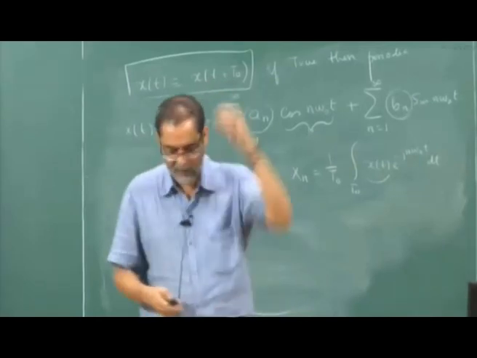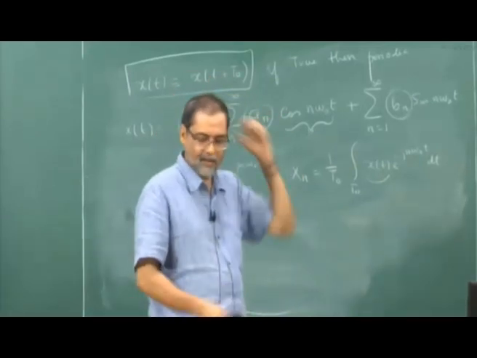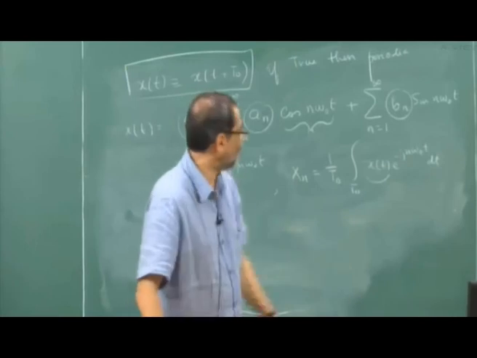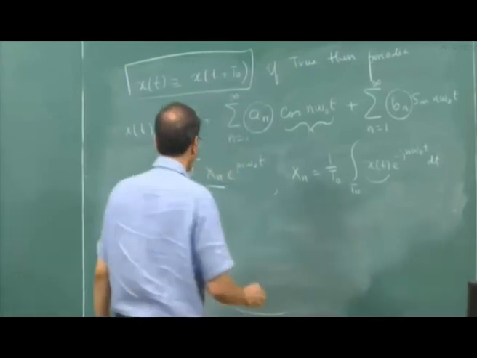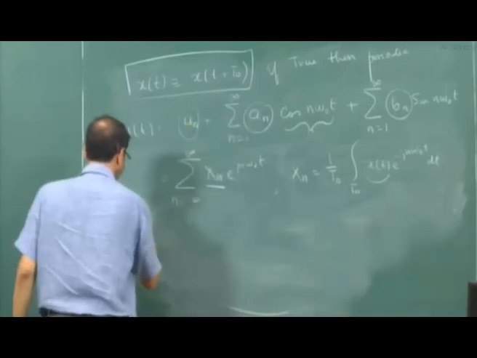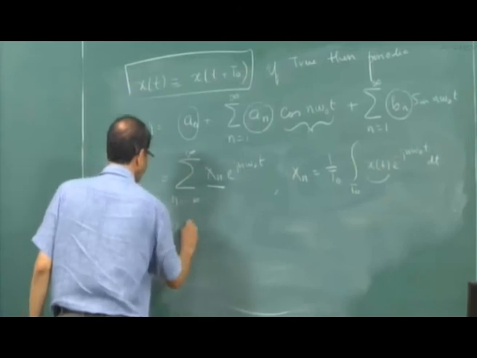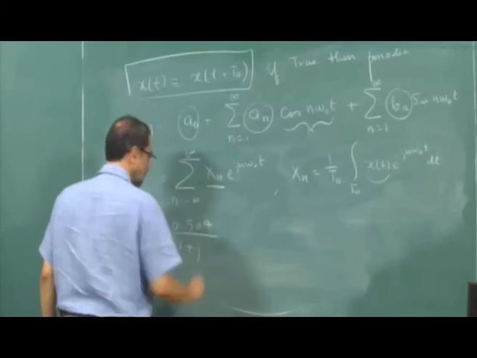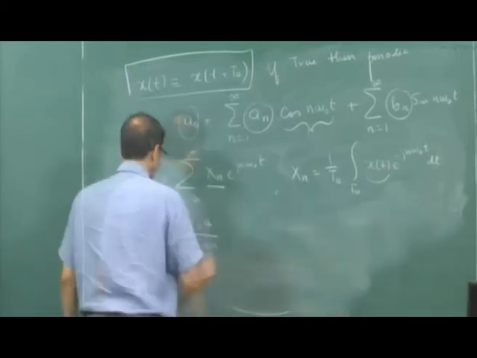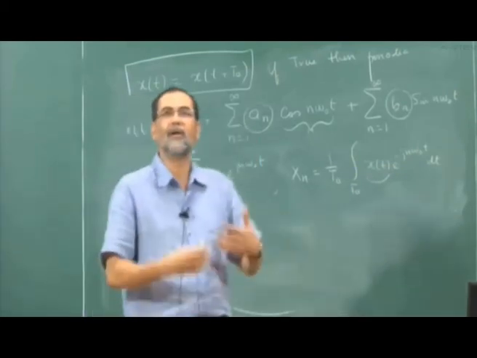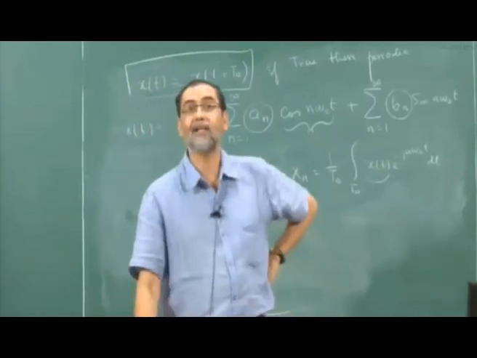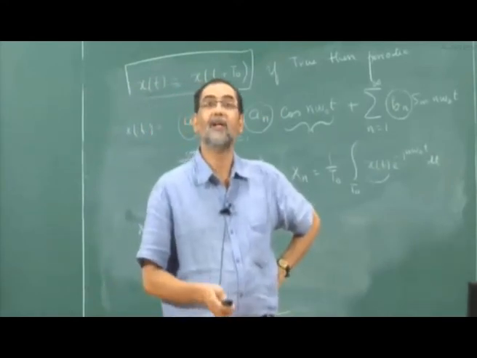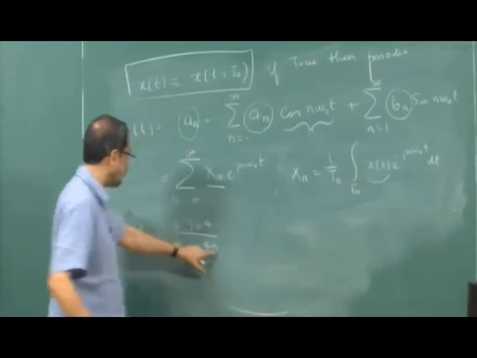Please attempt the integration, and it turns out that after doing all that, xn for this particular problem is 0.504 divided by 1 plus j 4n. That's the xn I get. So n takes values from minus to plus infinity. Just go on substituting values of n here, and you get all the values.